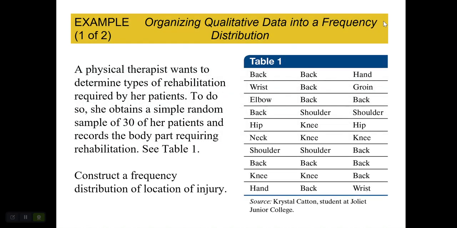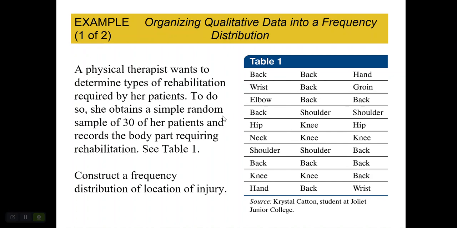Okay, look at this one right here. This is physical therapy. People suffer from pain, right? So you have back pain, you have elbow, you have hip, you have neck, you have shoulder pain, you have knee, all those kinds of things, all right?